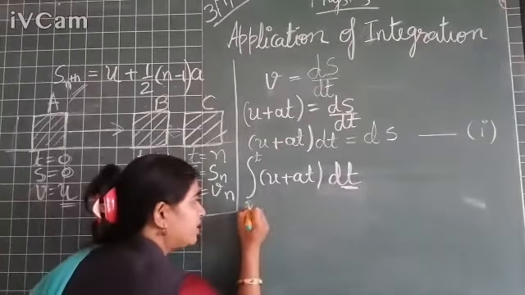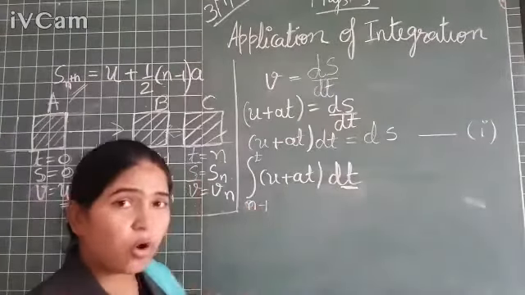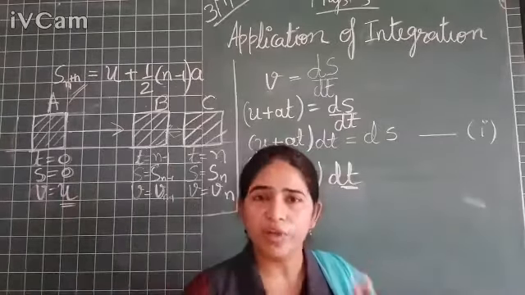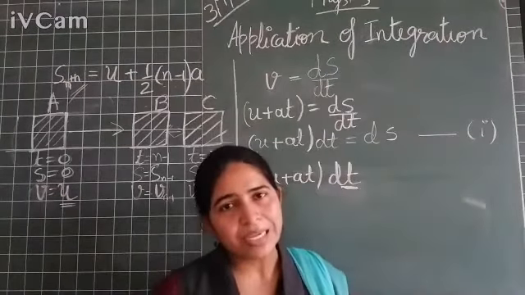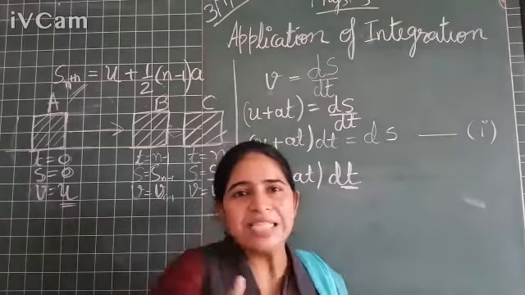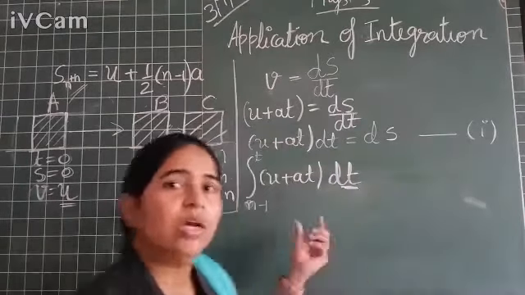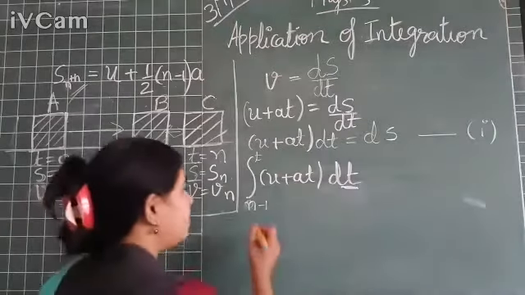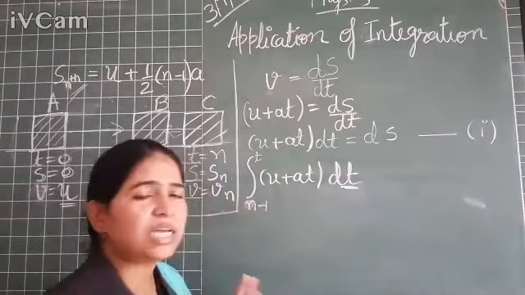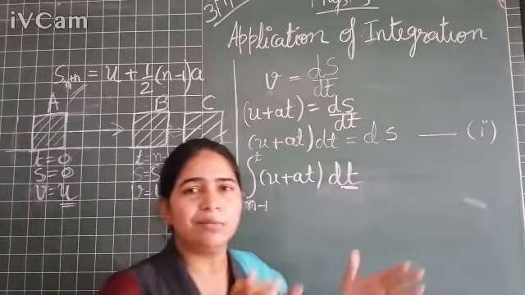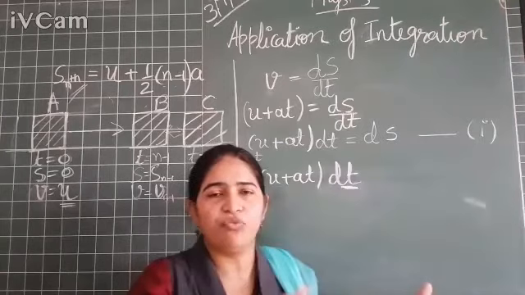So here we will write n minus 1, because we are going to find the displacement in the last second. So our lower limit will be n minus 1, just a second before the journey is going to end. And the final time is n.